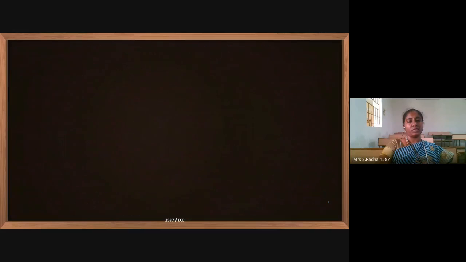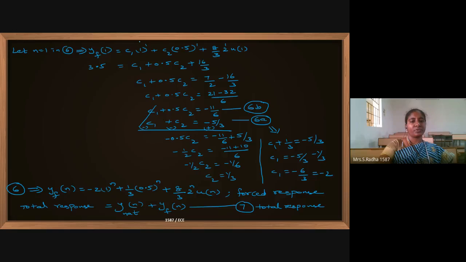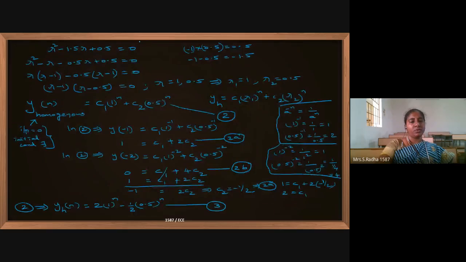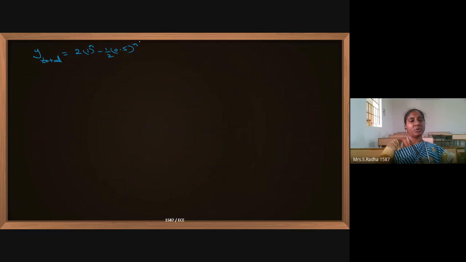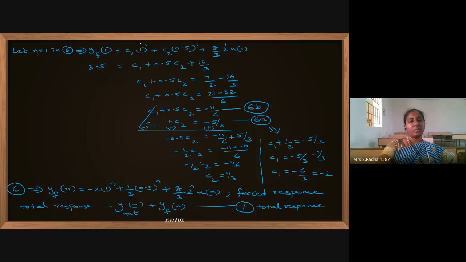I am going to use that. So total response is 2 into 1 power n minus half into 0.5 whole power n. This is the natural response.